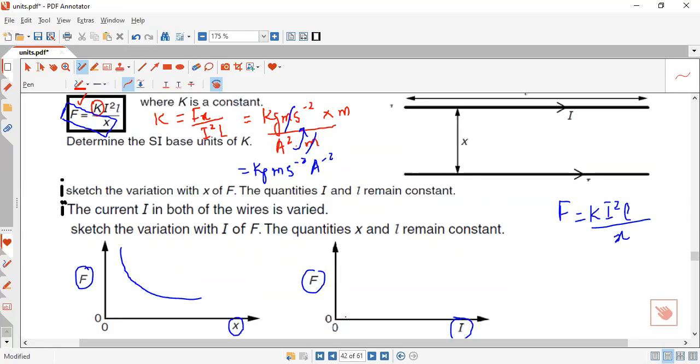Inverse. F equals k. So increasing gradient. One minute. Yes, it will be a curve. Curve, quadratic relationship, right? So there was 1 mark for this in the CIE exam, and 2 marks for this.